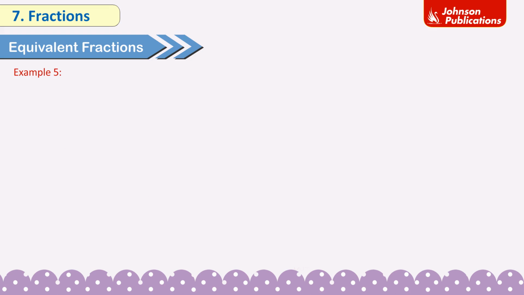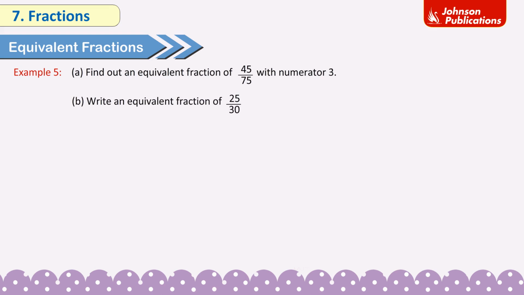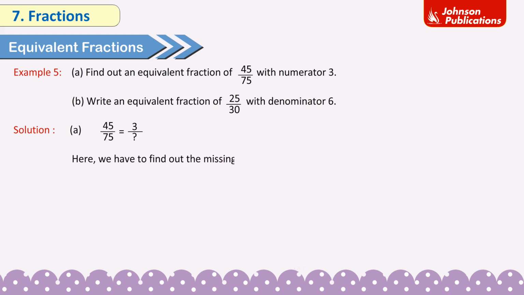Example 5. A. Find out an equivalent fraction of 45/75 with numerator of 3. Solution: Let 45/75 is equal to 3 over blank. Here we have to find out the missing numeral.